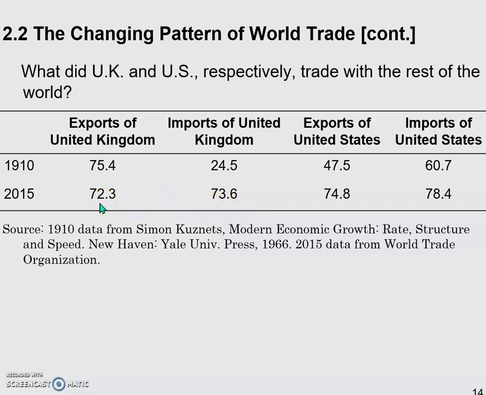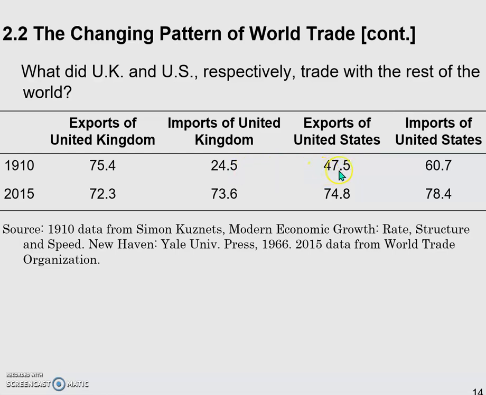Okay, but when we look at 2015, we find that on both sides, exports and imports, manufacturing goods dominate. Okay, so they import a lot of manufacturing products at the same time when they export a lot to the rest of the world. Okay, for the U.S., because it became industrialized later, okay, than the UK.